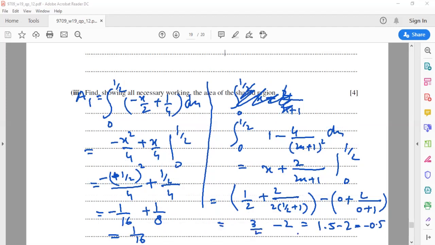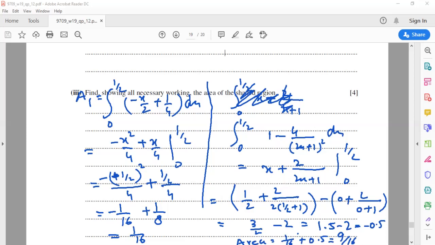So the total area is going to be 1 over 16 plus 0.5, and this gives us 9 over 16. This is the total shaded area which was required.